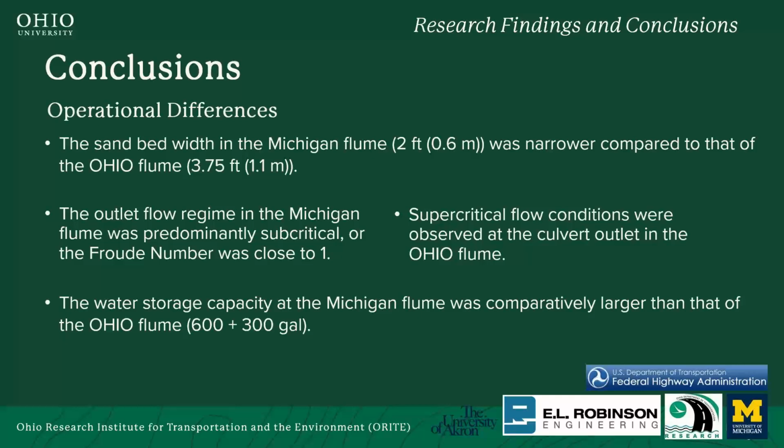And we also look at the flow regime from both sides. Our side, I think we're almost all supercritical flow, meaning the flow number is more than 1. We calculate the outlet flow number. In Michigan, they're mostly subcritical or near critical.